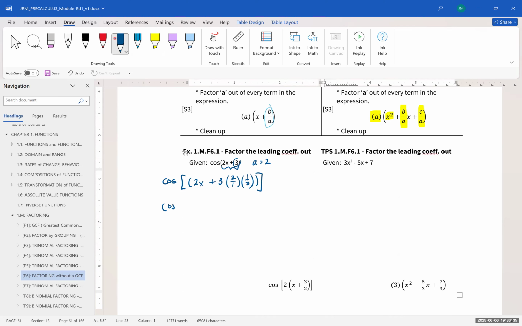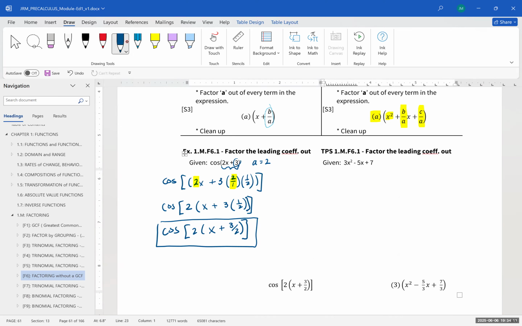Now the next step, notice that both of these terms have a 2 in them. So I'm going to factor out that 2. And what do I have left? I have x plus 3 times 1/2, which is going to be the cosine of 2 times x plus 3/2, just like that.